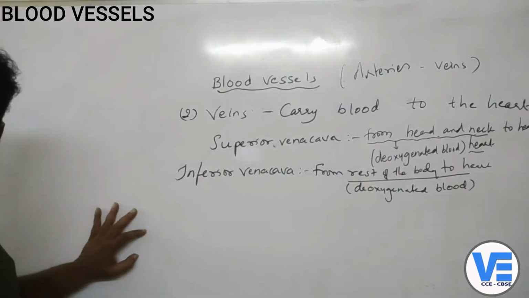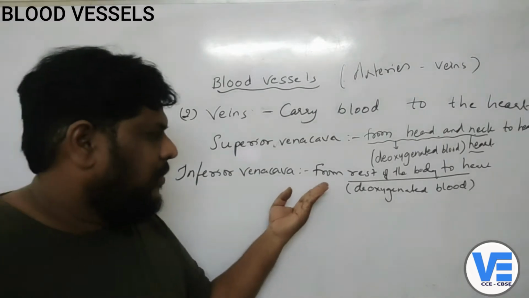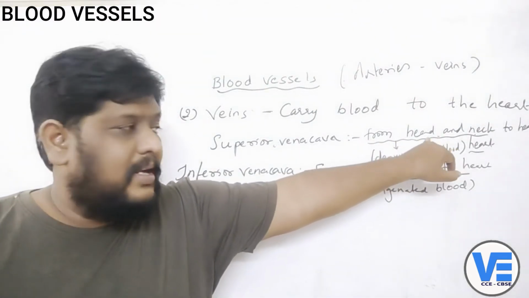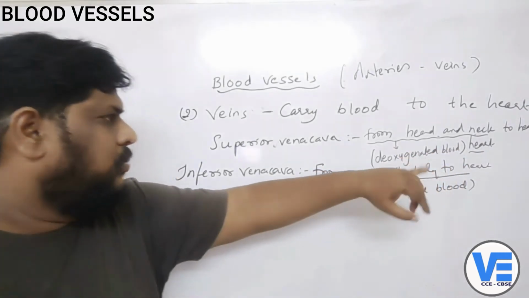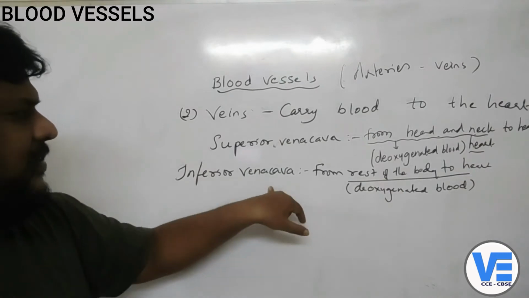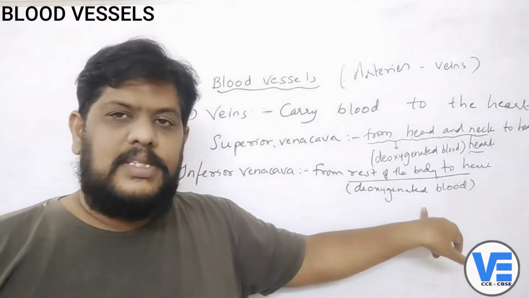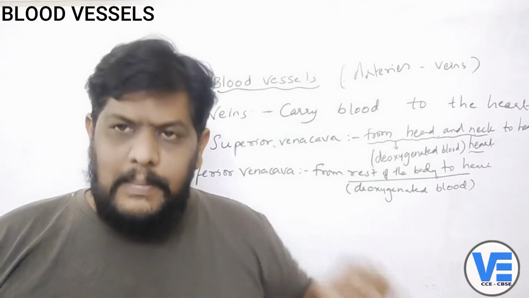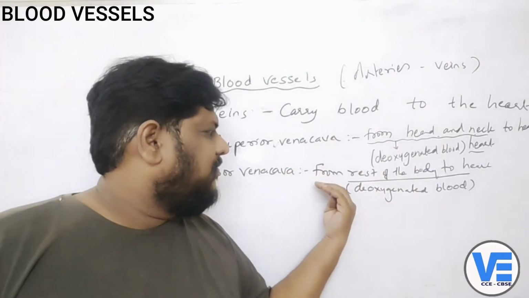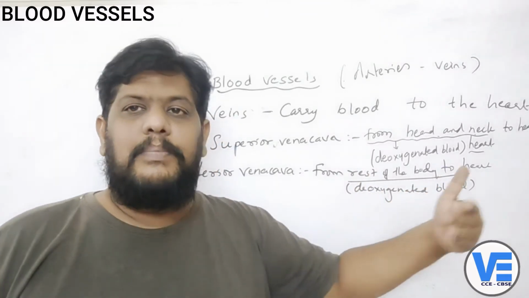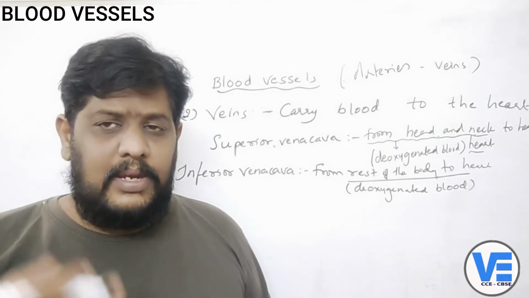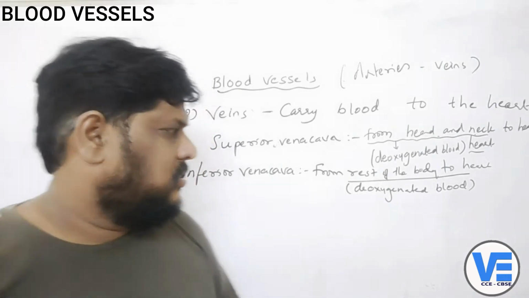From head and neck, the deoxygenated blood is brought to the heart by the superior vena cava, and by the inferior vena cava, the same completely impure deoxygenated blood is brought to the heart from the rest of the parts of the body.